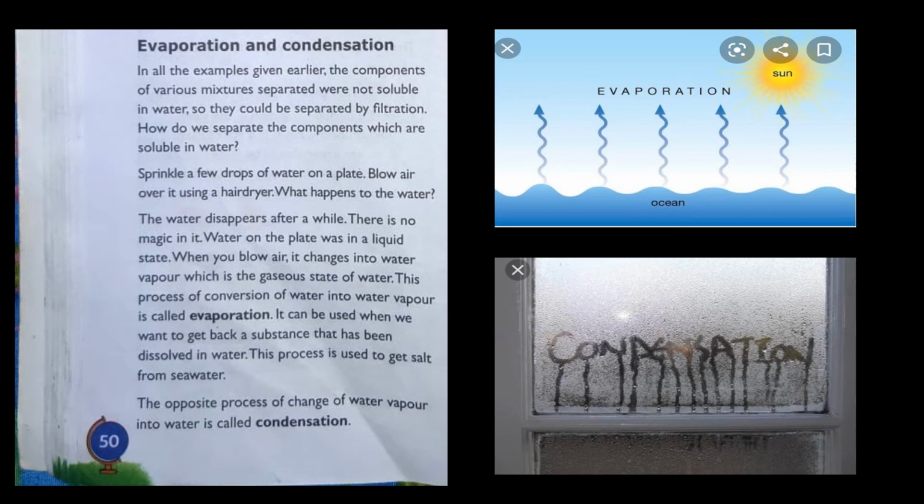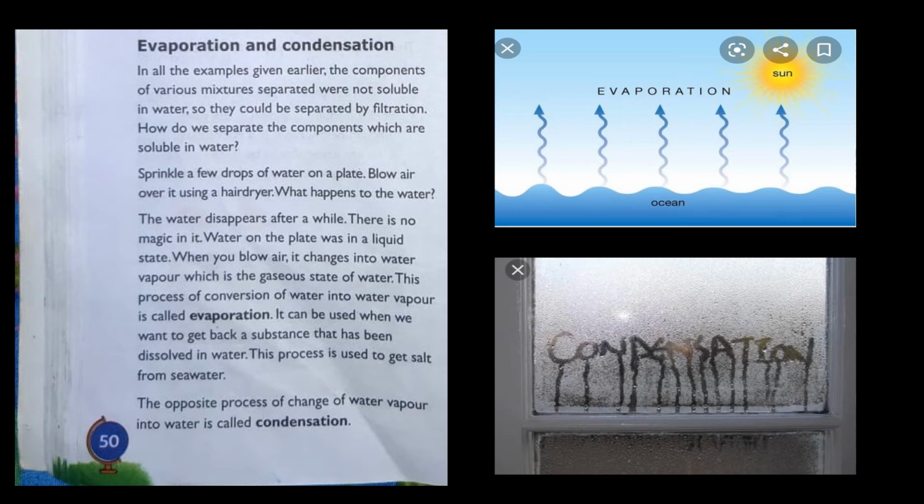So evaporation can be used when we want to get back the substance that has dissolved in water. For example, if salt and water are mixed, just take a plate and mix salt and water together. The salt will totally mix with the water, no? If you want your salt back, you will not be able to do it by hand picking, winnowing, and the other processes I have told you.